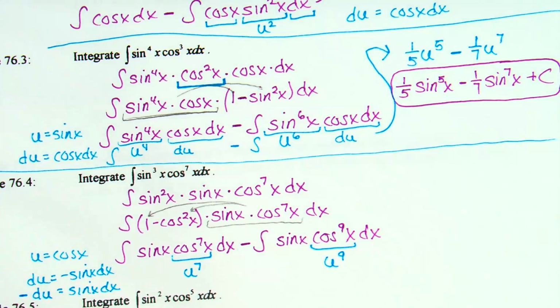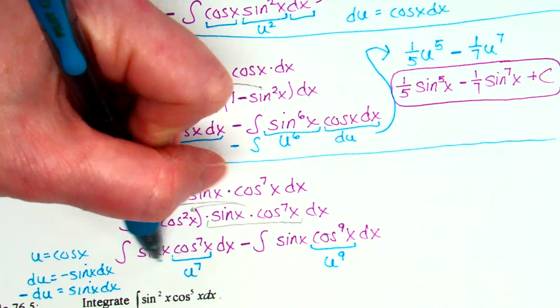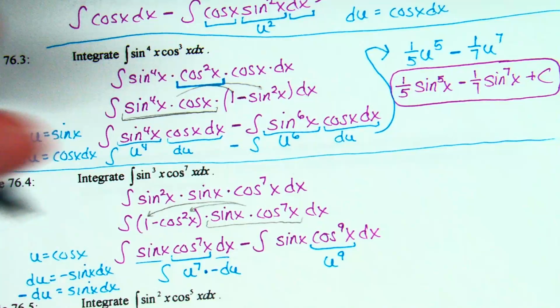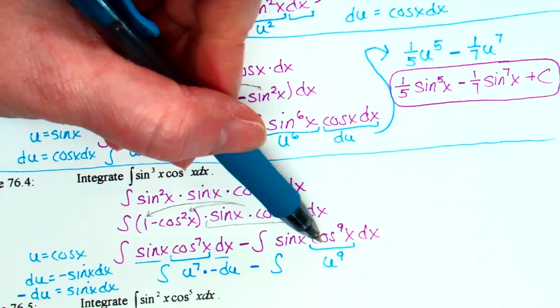Sine x dx is being replaced with negative du. And then minus. Over here, we've got u to the 9th. Sine x dx gets replaced with negative du. Or you can go put that negative out front.